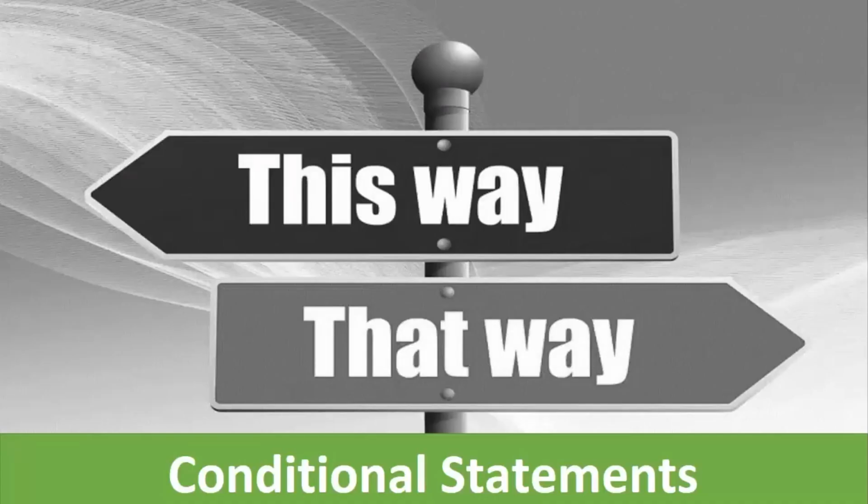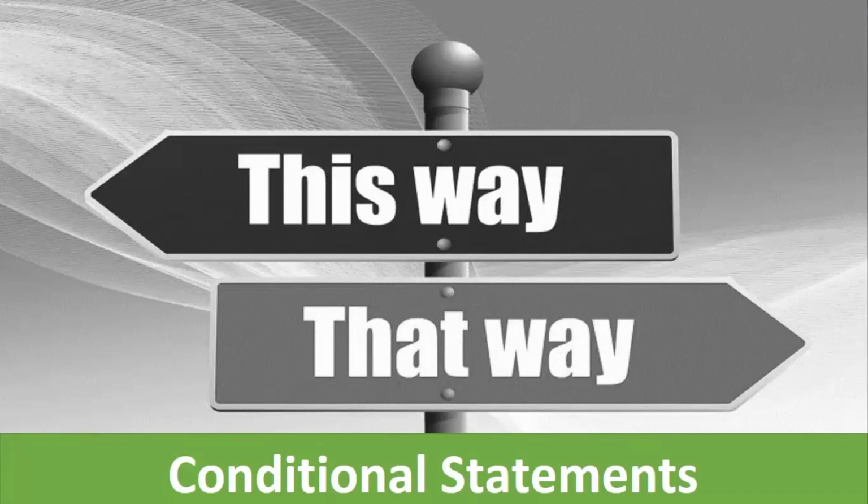So conditional statements. Just like we make decisions in our real lives, in terms of choices, whether it is the car we drive, the shoes we wear, the clothes we wear, in a similar way, when we write programs, whether in Apex or any programming language, we intend to make decisions.